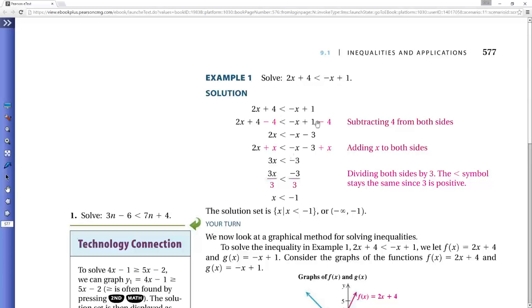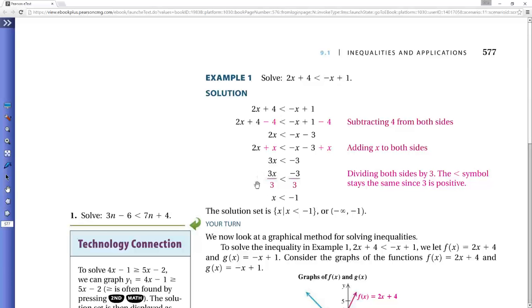Well, to continue to solve this, they divide by 3. And they note this note here. The less than symbol stays the same since 3 is positive. Well, multiplication and division are related, right? In other words, instead of saying division by 3, I could really write it this way. I don't have to write it a different way.